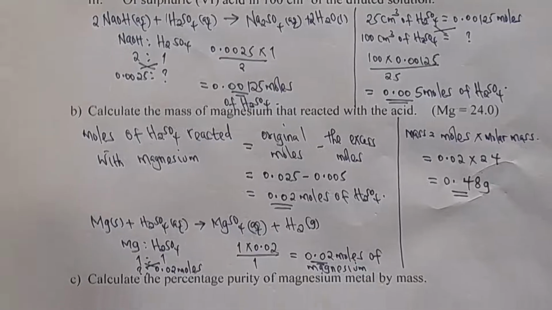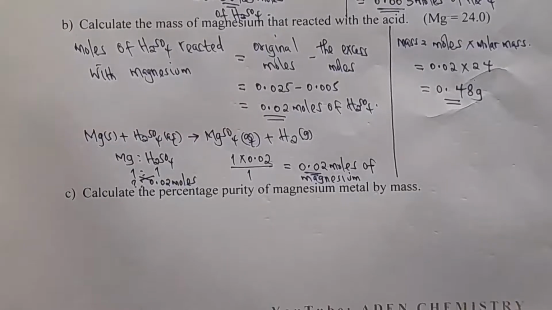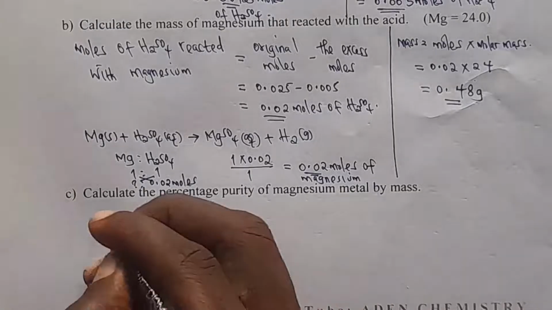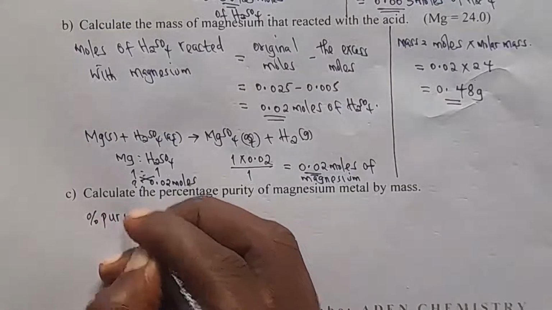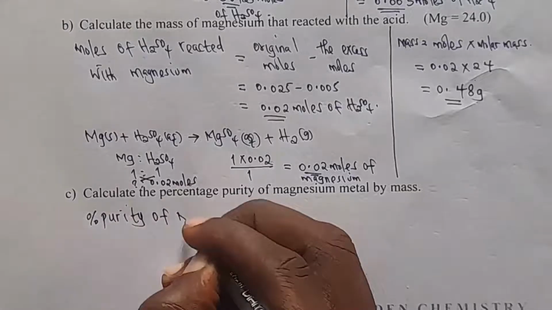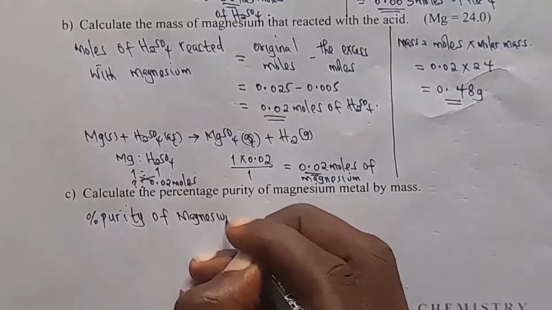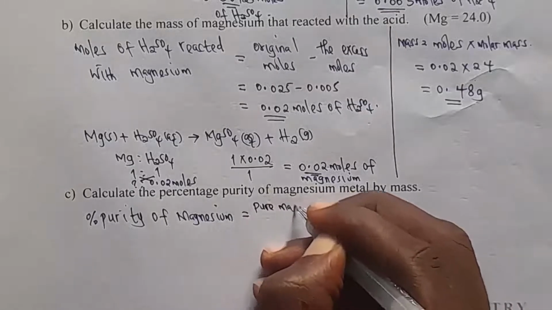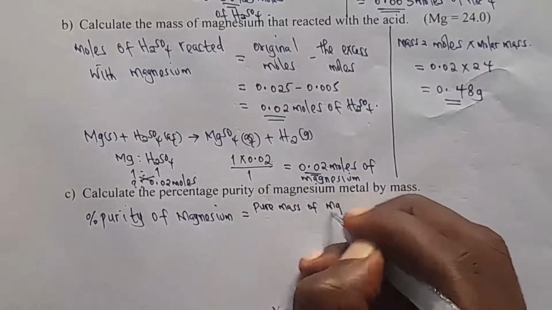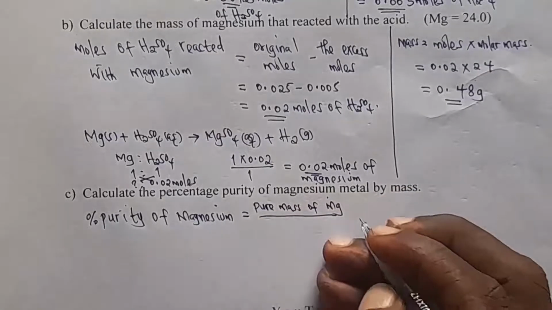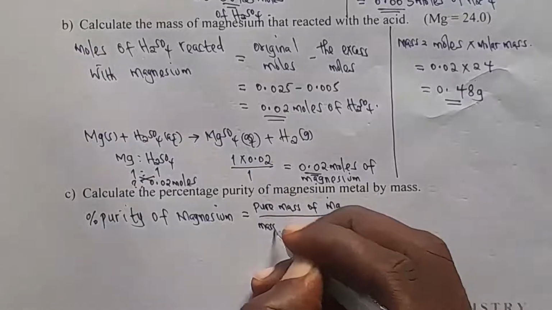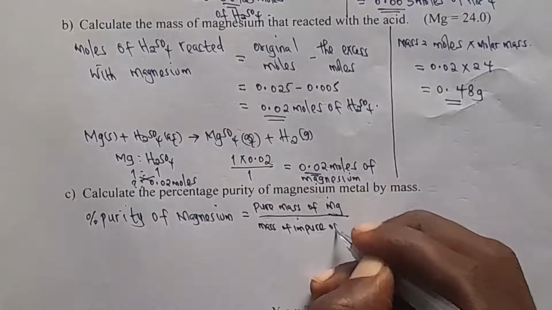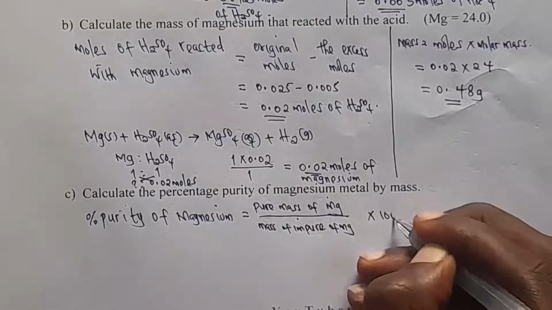So, next question, we are told calculate the percentage purity of magnesium metal by mass. So, we are going to say percentage purity of magnesium will be equal to the pure mass of magnesium divided by the mass of impure magnesium, then we multiply by 100.